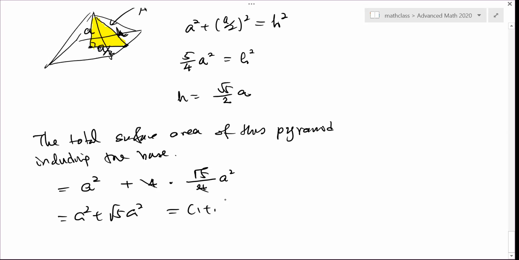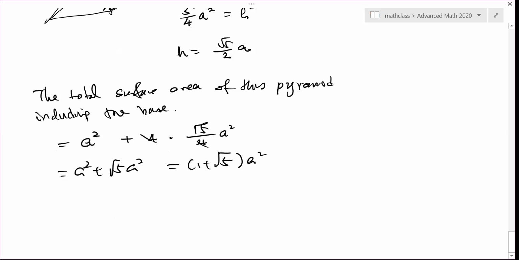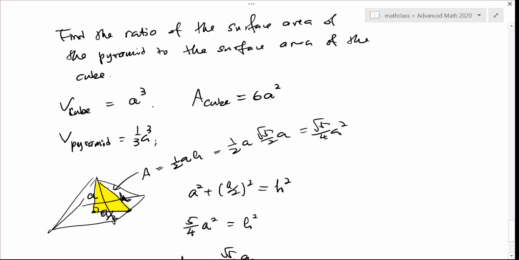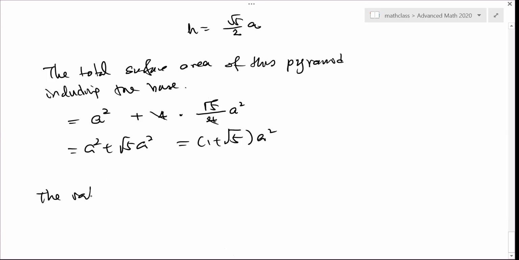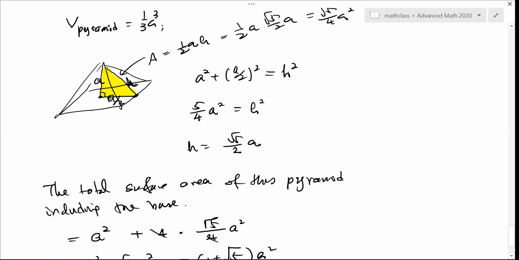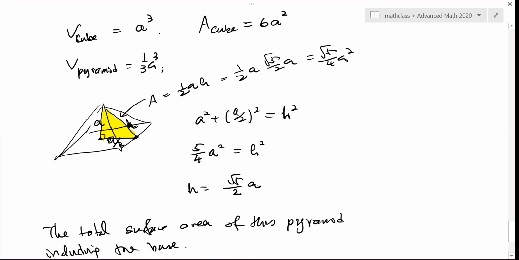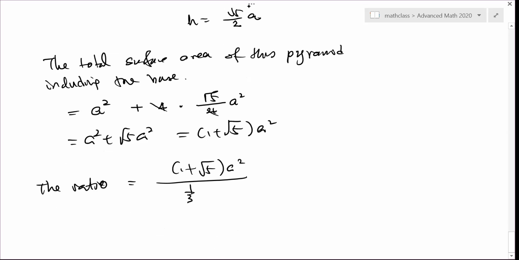You can take A squared out. Then the ratio, what do we find out? Just find the ratio, right? The ratio of the surface area of the pyramid over the surface area of the cube.